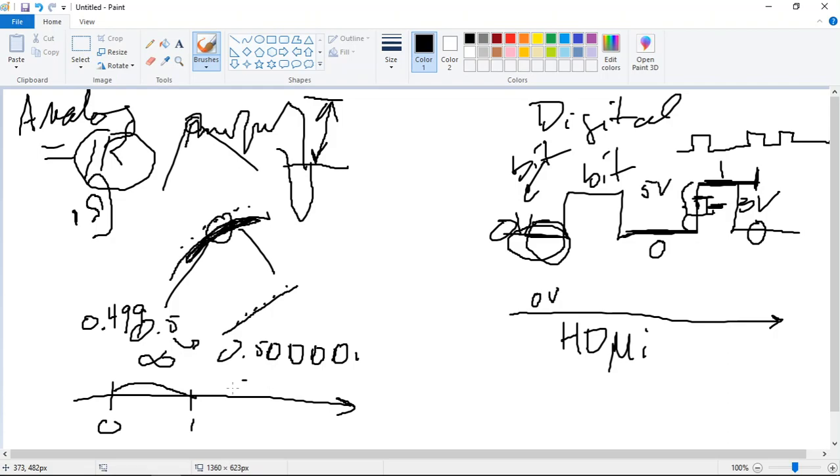There's a lot of math in calculus that is based on exactly what I just said here. So analog has an infinite amount of values in a given range. It doesn't matter how small the range is. It could be 2 volts to 0 volts in the middle, because this is minus 2 volts here.